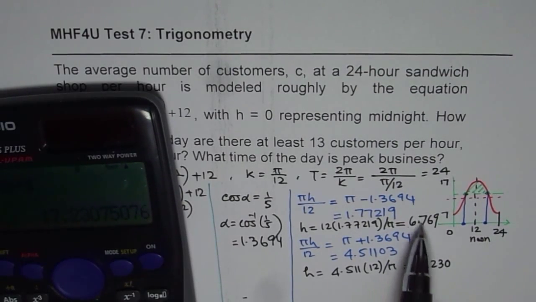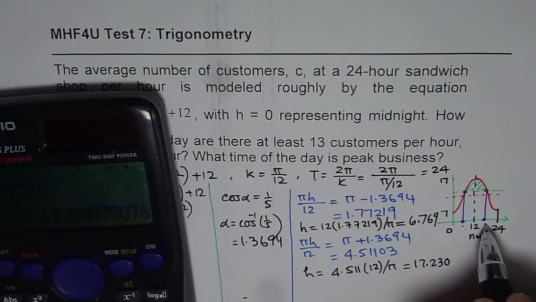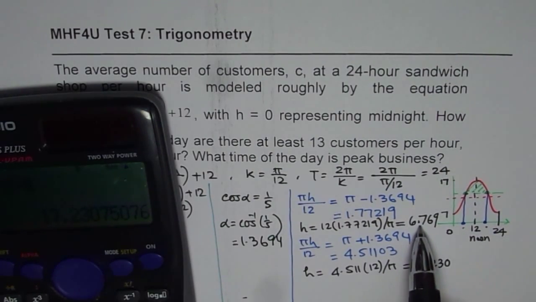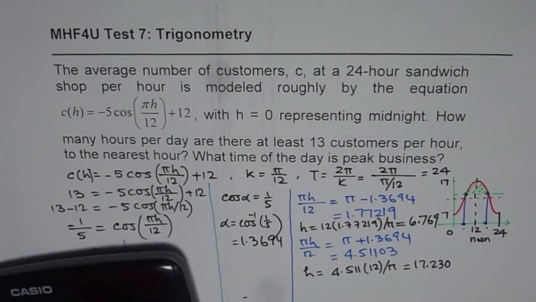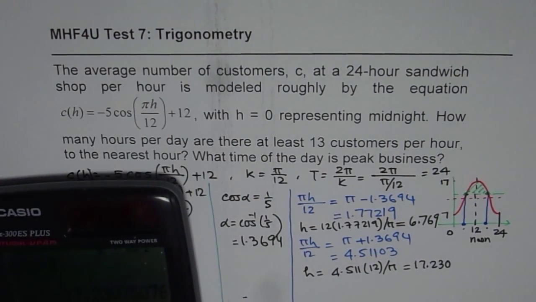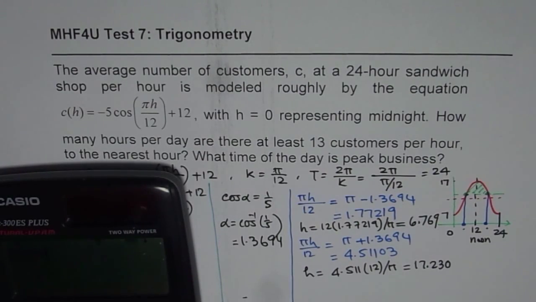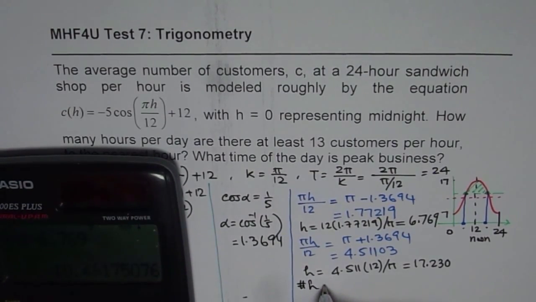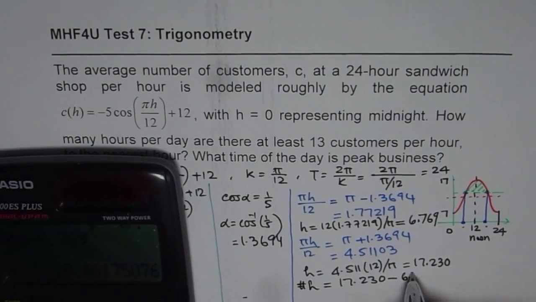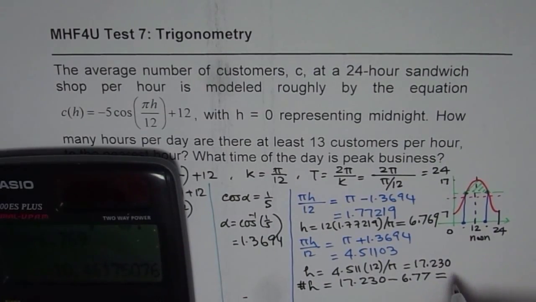So now we have these two points. The first one is at 6.7 hours, the other one is at 17.2 hours. In between, we get at least 13 customers. So let's subtract 6.769 from 17.23. 17.230 minus 6.77 gives us approximately 10.46 hours.